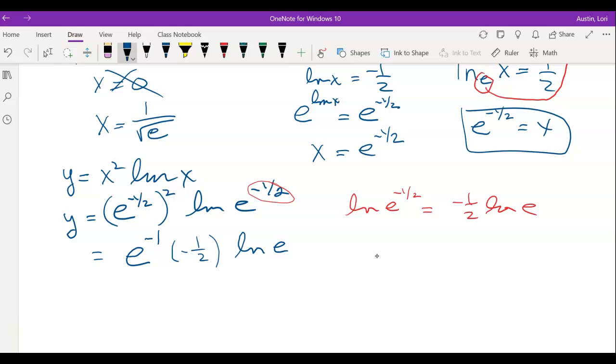What's ln of e? You can always plug that into your calculator if you need to. Remember, it's e to what power equals e. That's what a log is: base e to what power gives you e. It has to be 1. So that just becomes 1. So what's our answer? We have negative 1 over 2e. Done.